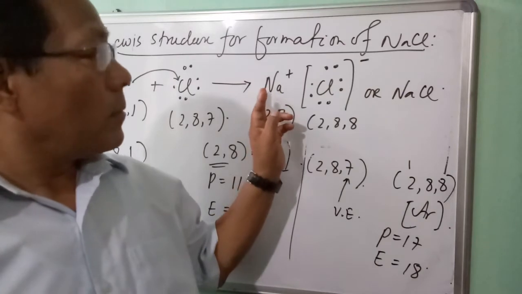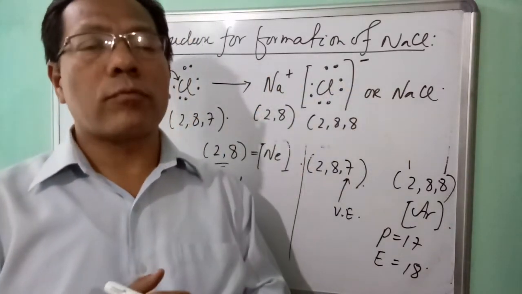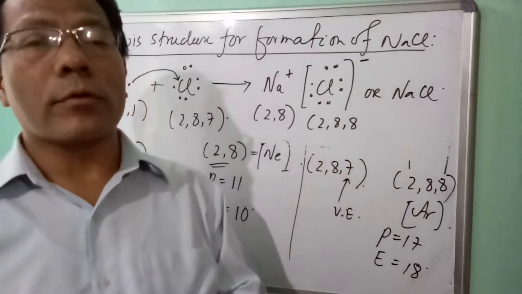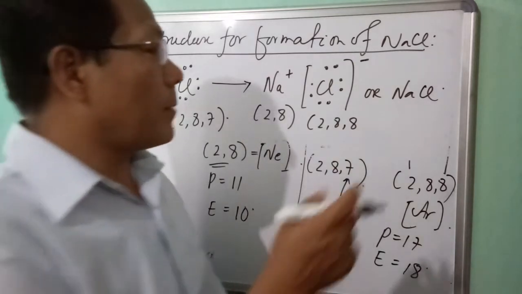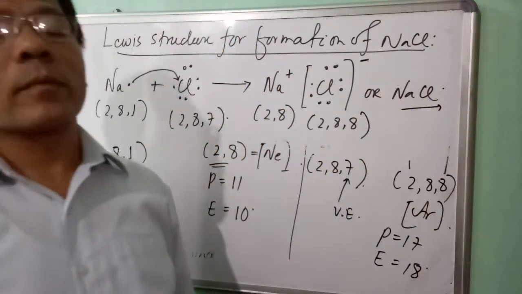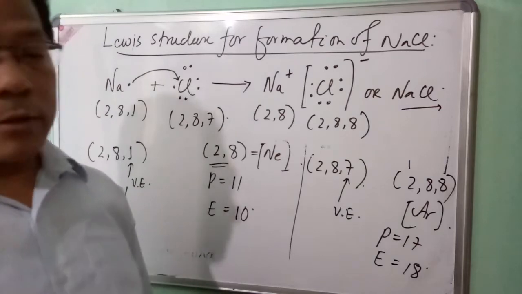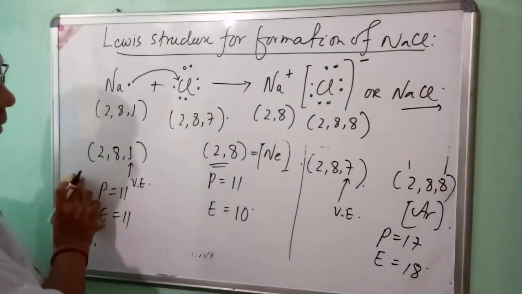The electrostatic force between oppositely charged ions is called the ionic bond, and the compound containing ionic bond is called an ionic compound. Sodium chloride is one example of the formation of ionic bond in an ionic compound.